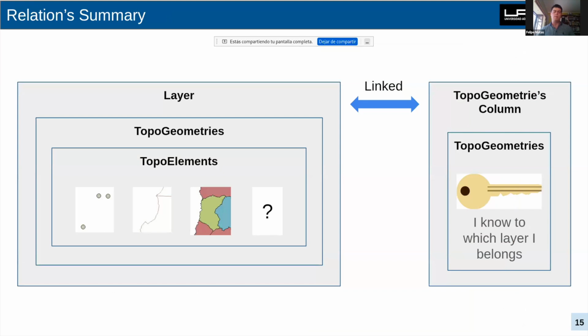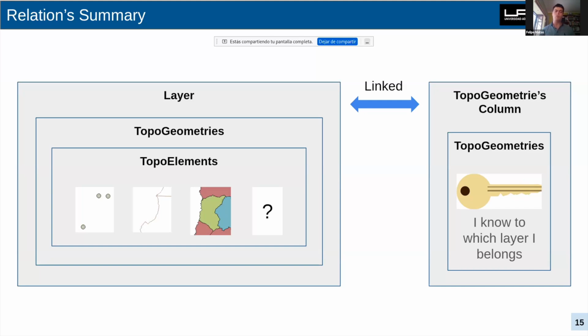To go forward, we need to understand better what PostGIS is doing with our elements. A topogeometries column needs to be created in a special way because PostGIS will store all the geometries and group them in something called a layer.